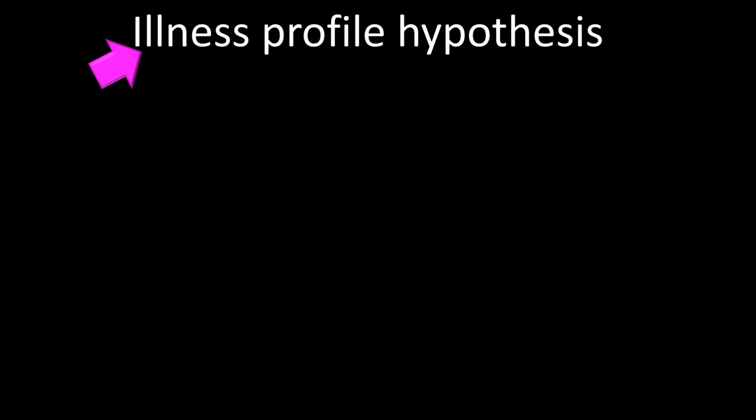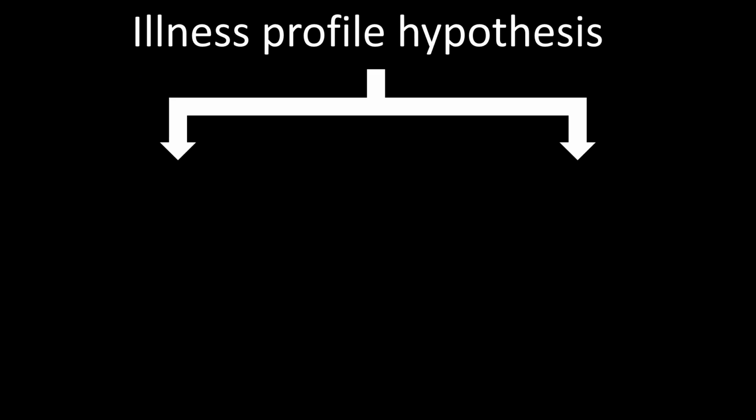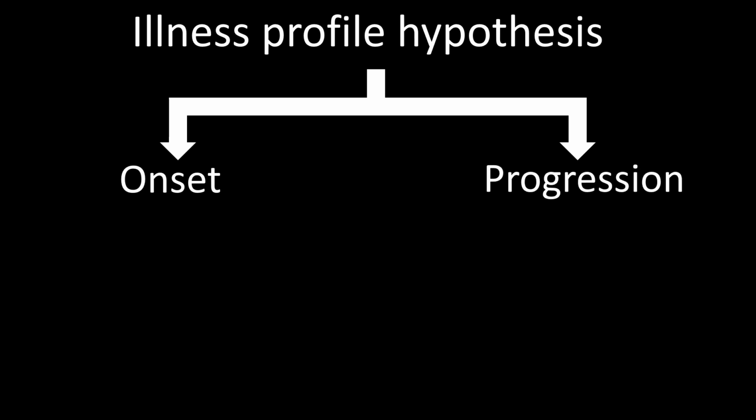The illness profile hypothesis equates to a tentative diagnosis arrived at after delineating the illness profile based on historical information. So, the illness profile hypothesis is developed with information regarding mode of onset and progression, also referred to as follow-up course.